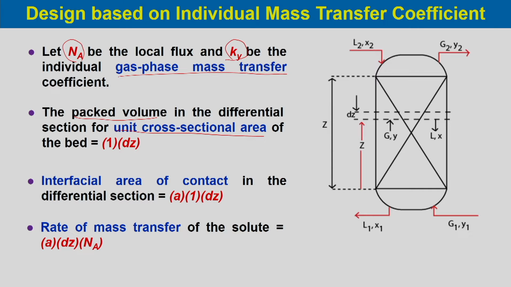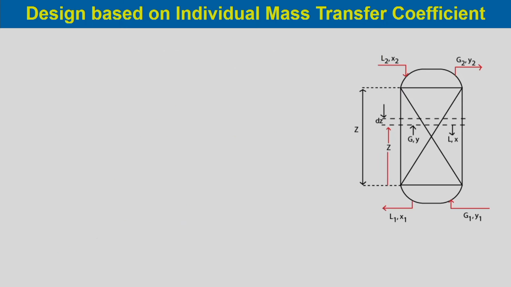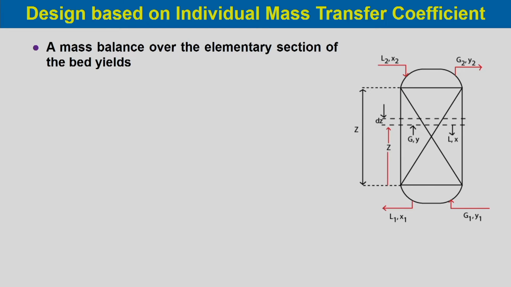Now, we know the packed volume, the interfacial area of contact and also the rate of mass transfer. So, a mass balance over the elementary section of the bed yields a dz Na equal to minus d(Gy), which is equal to minus G dy minus y dG.